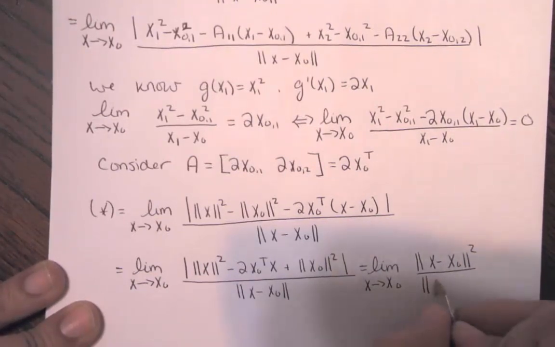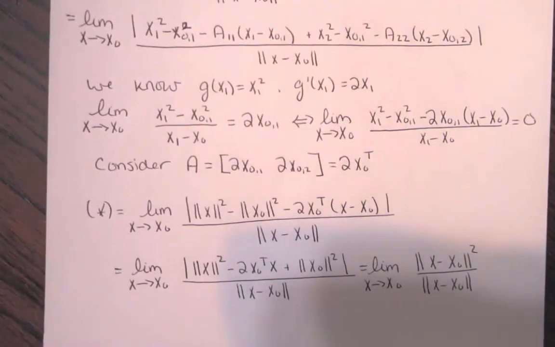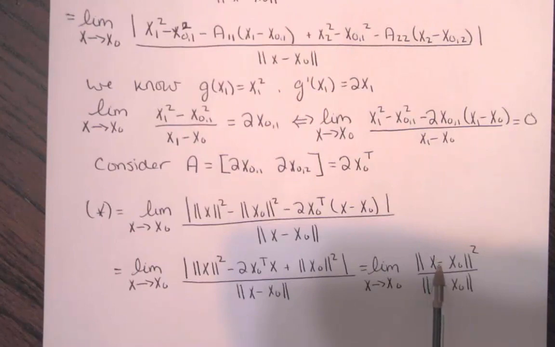And then of course the denominator remains the same. Now I would encourage you to stop here and make sure that you understand why this numerator and this numerator are the same. The norm of x minus x naught squared is the inner product of x minus x naught and x minus x naught. If you were to carry out that inner product, you should get exactly this.